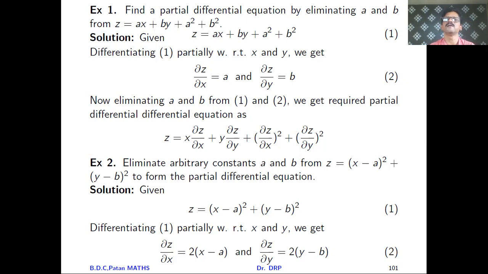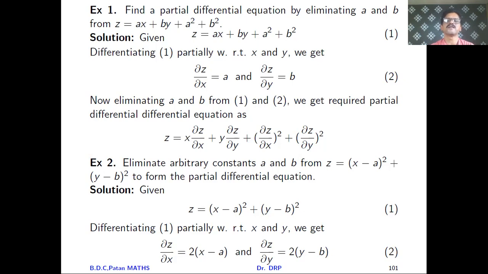And next, if the total number of arbitrary constants is greater than the total number of independent variables, then it gives partial differential equations of higher order, and it may not be unique, but more than one partial differential equation of order higher than 1.